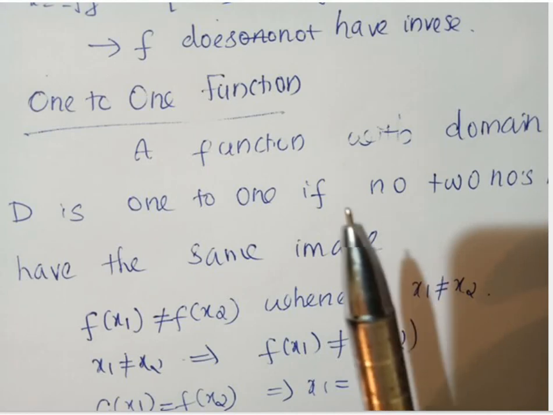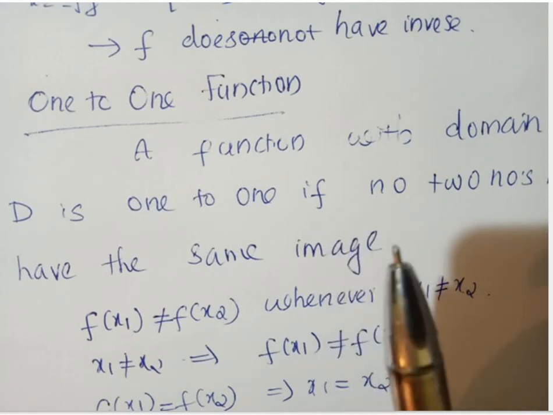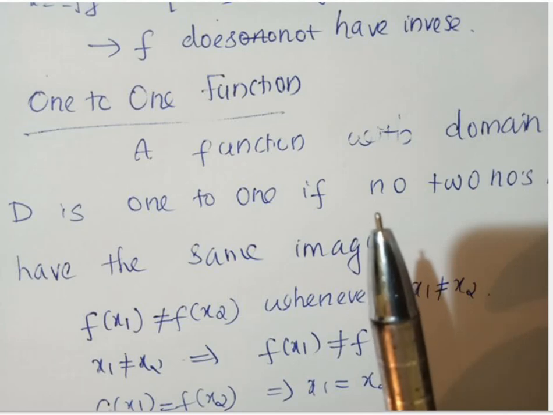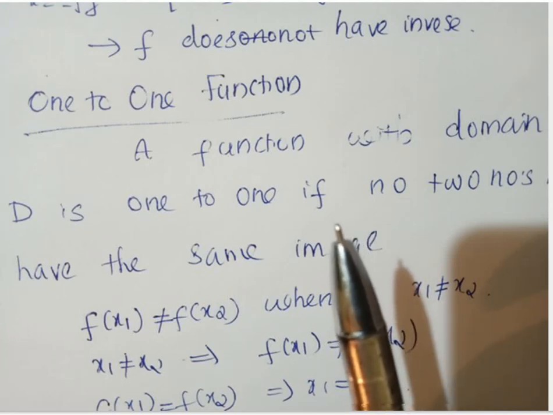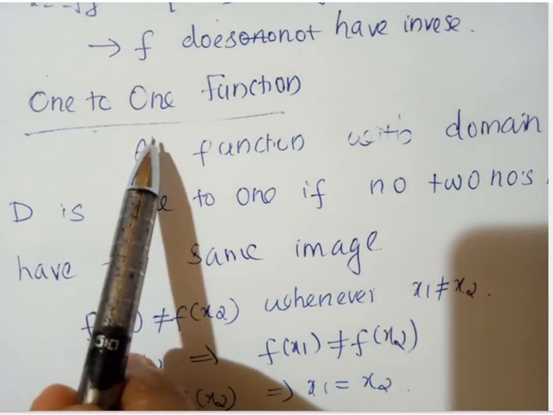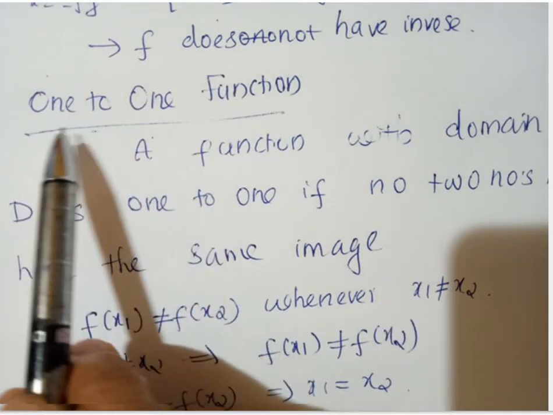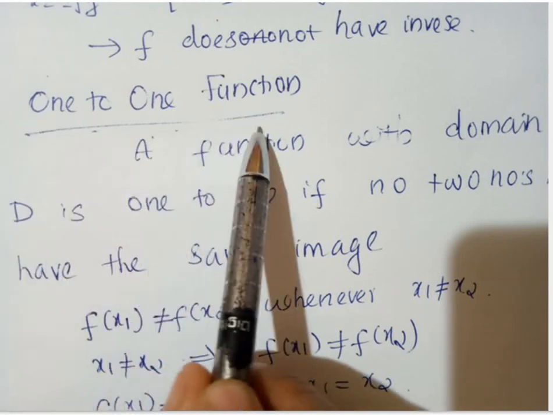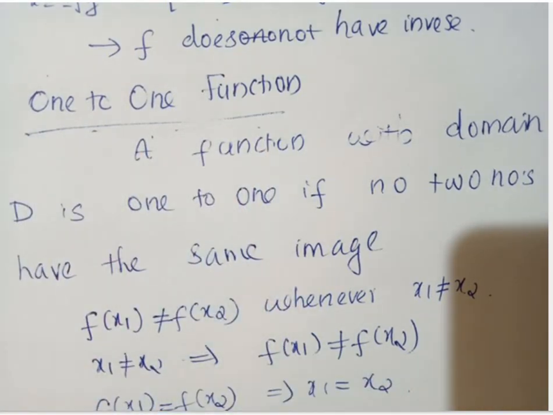So what will be the condition for a function to have an inverse? From that thinking, we are defining this new function, one-to-one function.